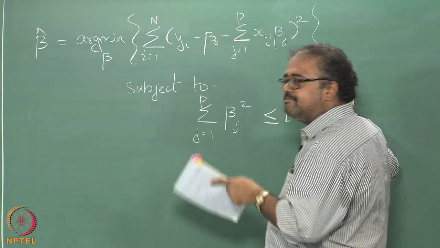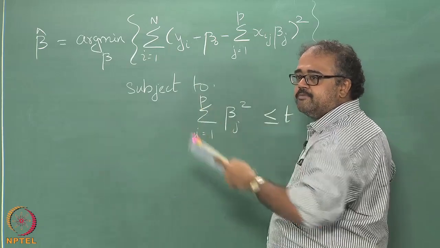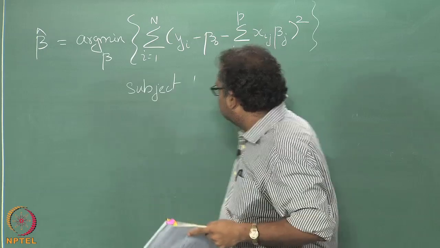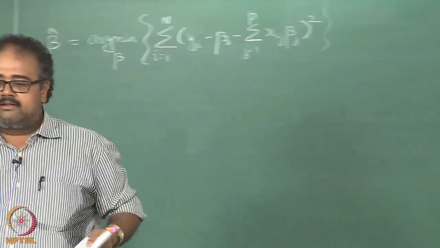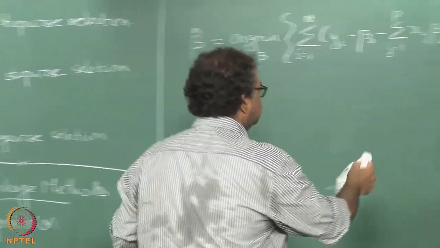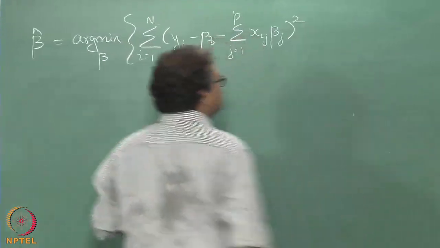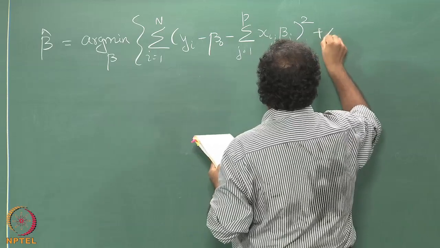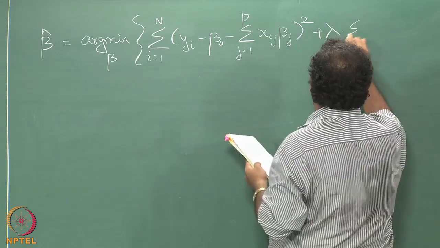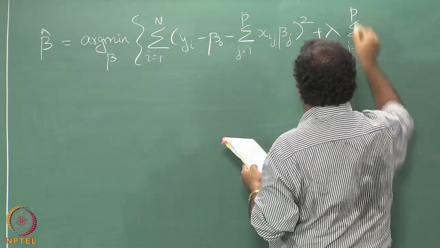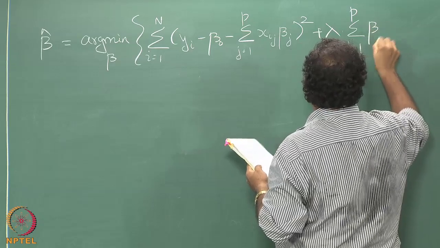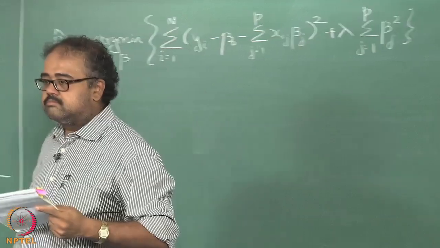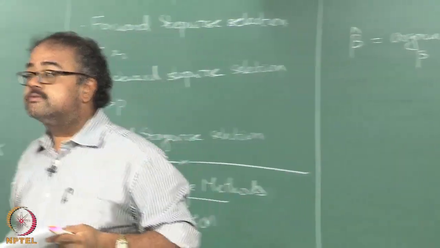So I can make this into an unconstrained problem. Okay. Of course, lambda has to be greater than 0.